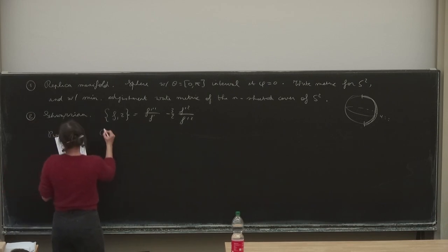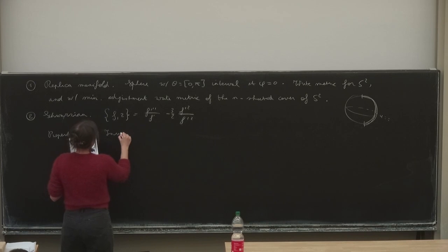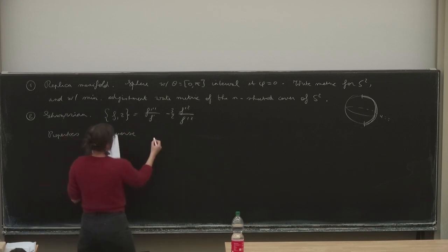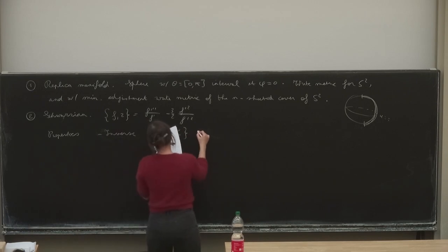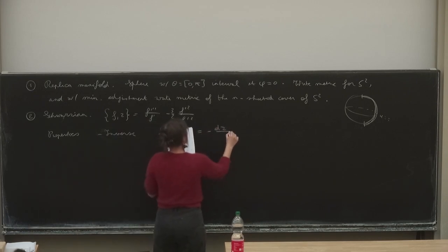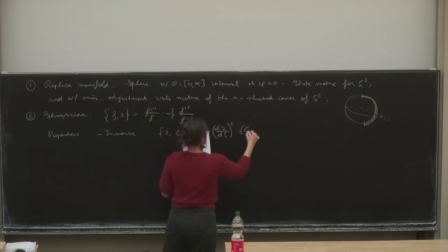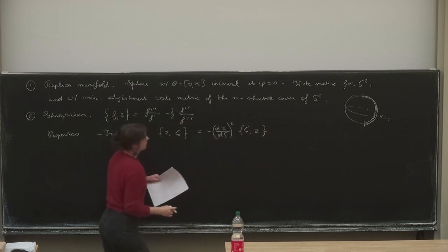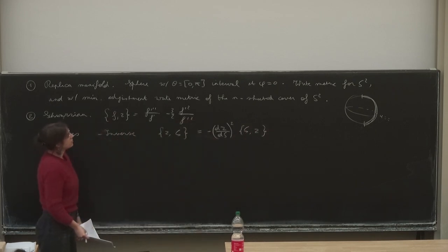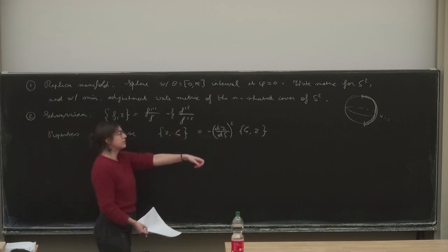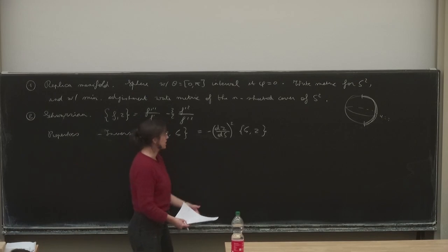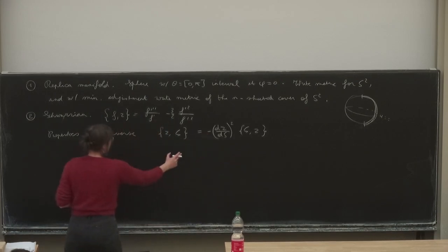One is the inverse, which I think was correct on the board, but if it's not, this is the correct version. So how the Schwarzian of z of zeta is related to the Schwarzian of zeta of z, okay? So there's a minus sign coming in here.